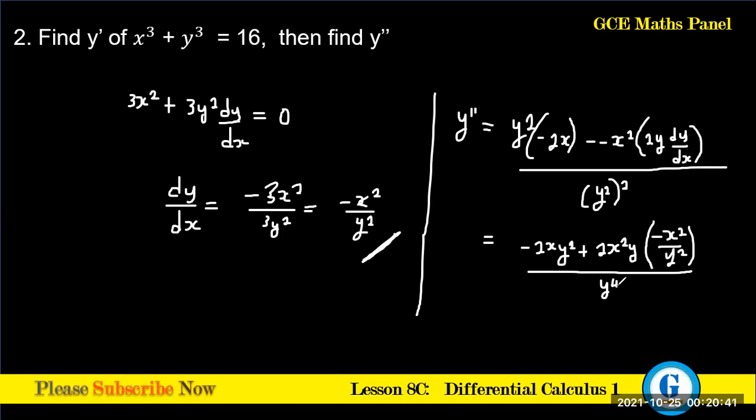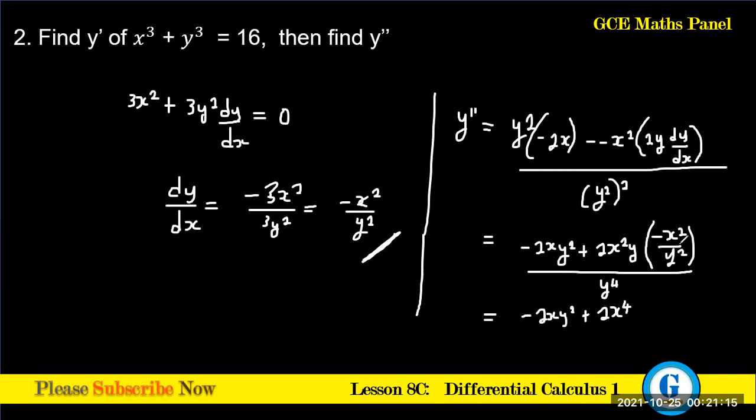So when we simplify this, we are actually going to get the second derivative of this function. That is giving us minus 2x y squared plus 2x to the power 4.